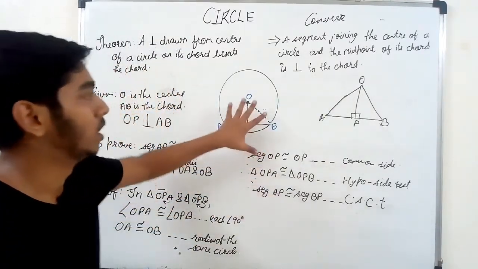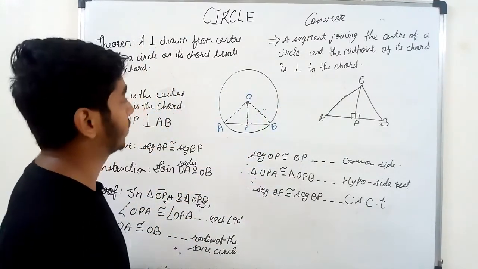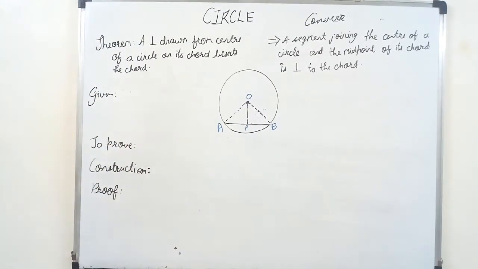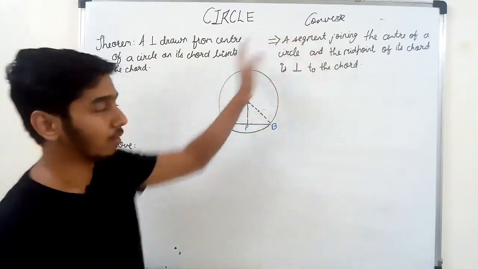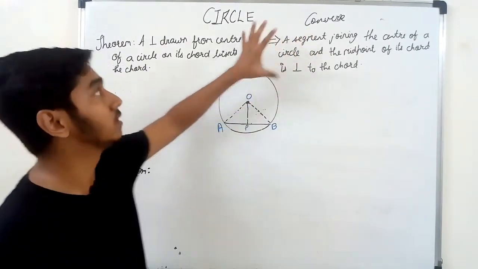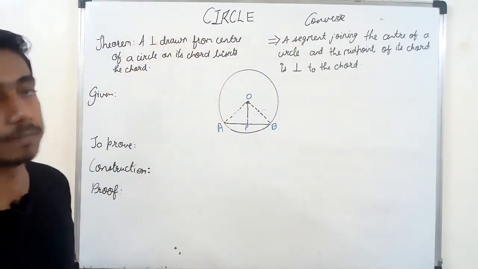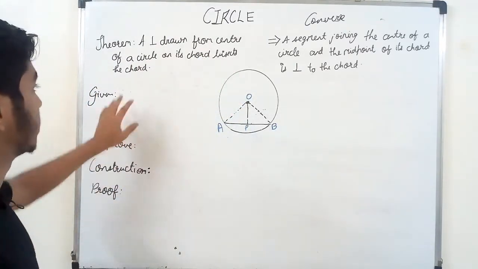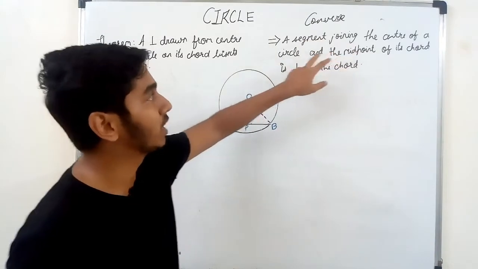Now we'll look at the proof for this. We're looking at the proof of the converse of this theorem. So here is the figure given. What is given to us is a segment joining the center.